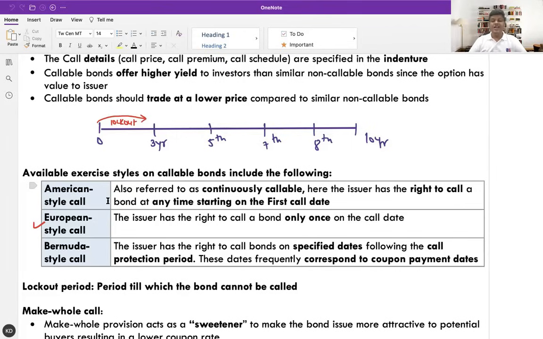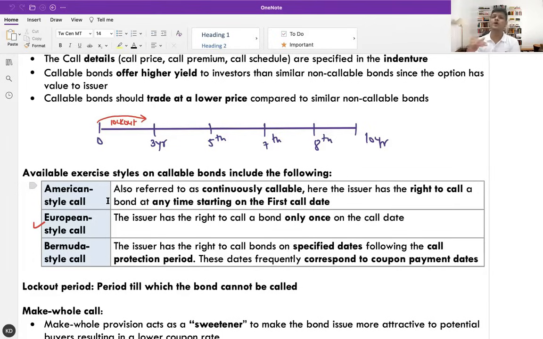So here, a European option means the issuer can exercise the option of calling back only once after the lockout period. Only once. Clear? Let's say the issuer has decided to call back the bond at the end of the third year. So only once the issuer has to call back.